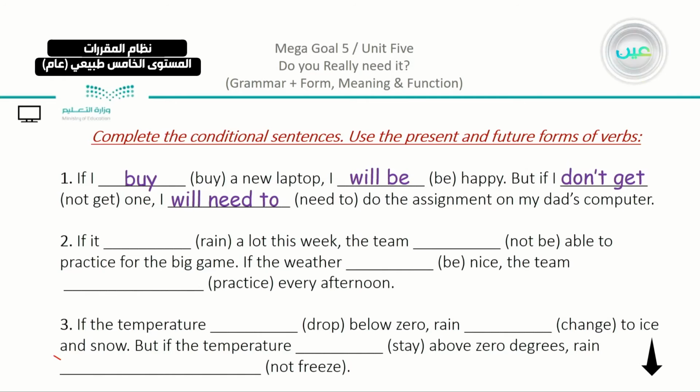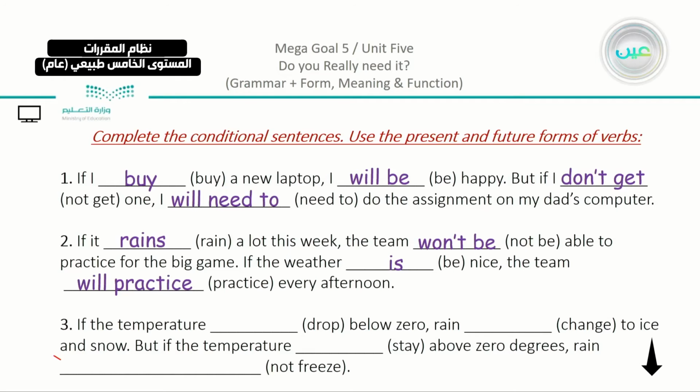So we have here, if it rains, present simple, a lot this week, the team will not be able. So since we have here negative, we can say the team won't be able to practice for the big game. If the weather be nice, we can say is nice, the team will practice every afternoon in the future.